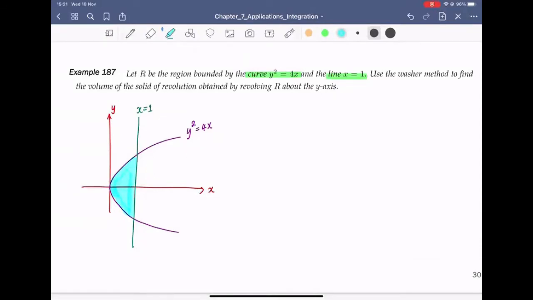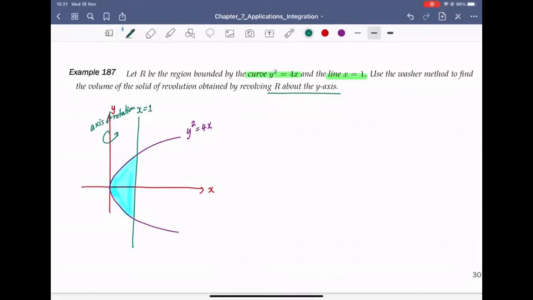And now the question asks us to rotate this region around the y-axis. So this is going to be my axis of rotation. So what should we do? The idea is to use the washer method to find the volume of the solid of revolution.